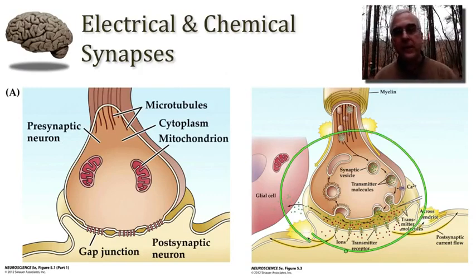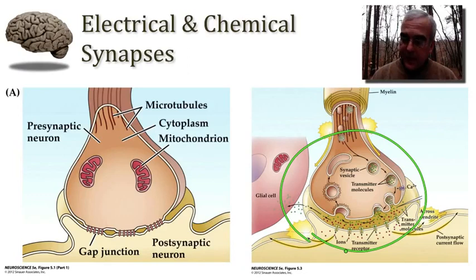So relative to the electrical synapse, the chemical synapse is maybe 4 or 5 times slower. Still fast, still maybe about a half millisecond or so delay at each synaptic junction, but still not nearly as fast as the electrical synapse. So chemical synapses are going to be less effective at synchronizing local populations of neurons than the electrical synapse.